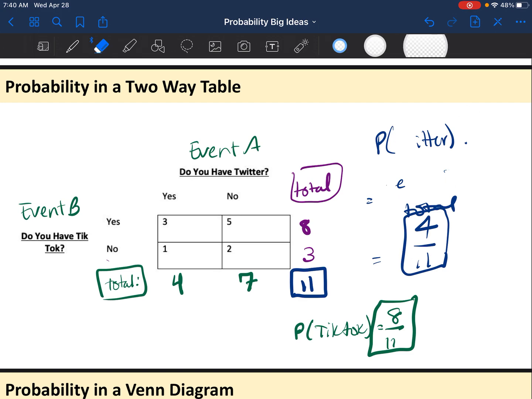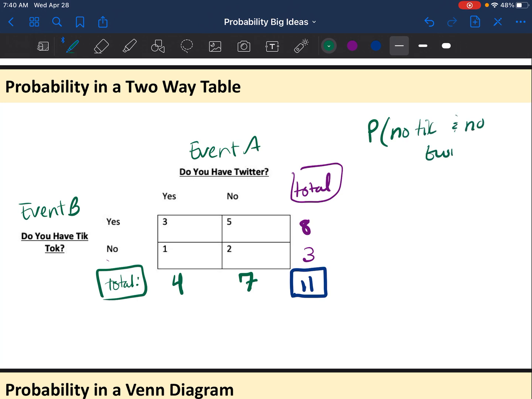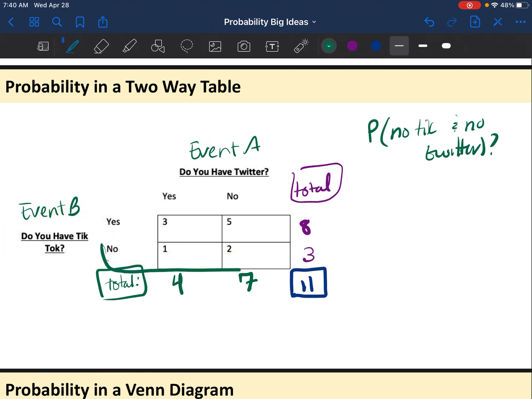Let's do one last question. What is the probability that someone has no TikTok and no Twitter? So now I have both things. I want to look at where these two events intersect. So I have, do you have a TikTok? And no. One way I can do this is just highlighting everything here.